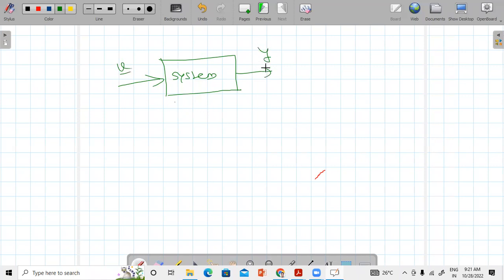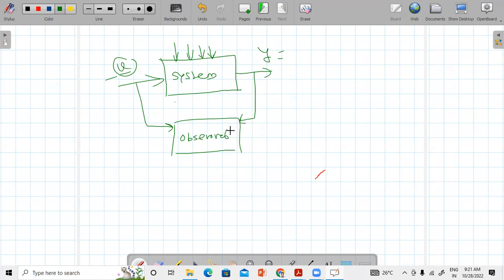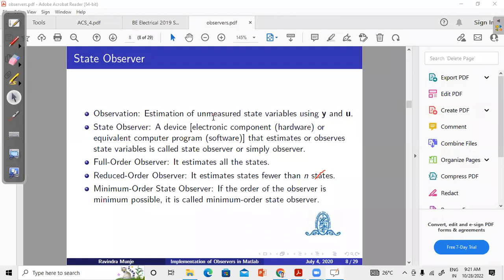But sometimes we do not know the states. So input is known, output is known, and with that we estimate the states. The observer takes input from u and from the output, and we estimate the states. So, estimation of the unmeasured state variables using y and u.